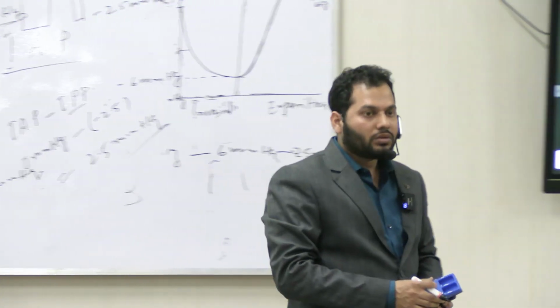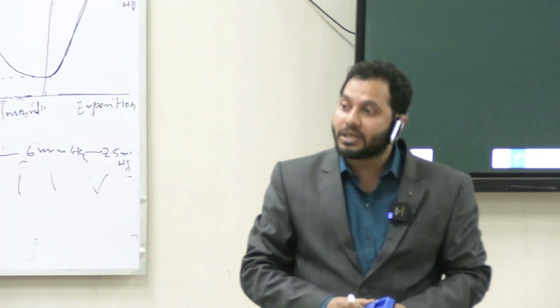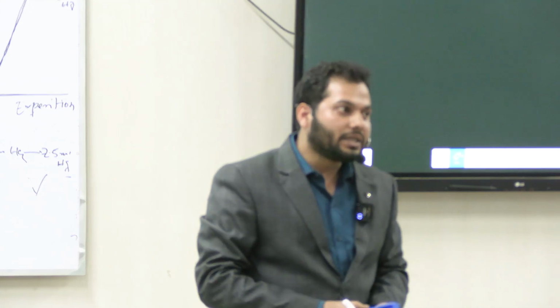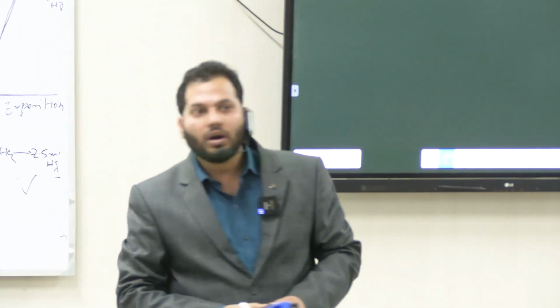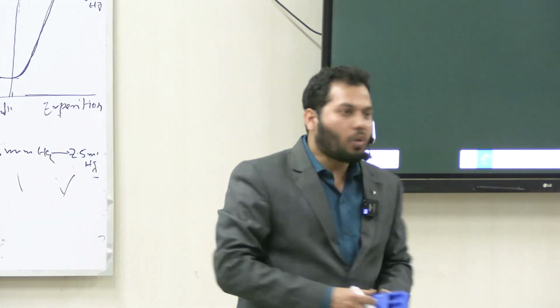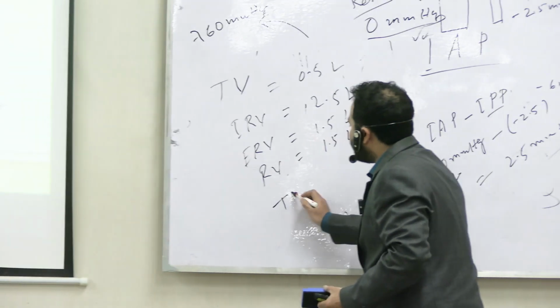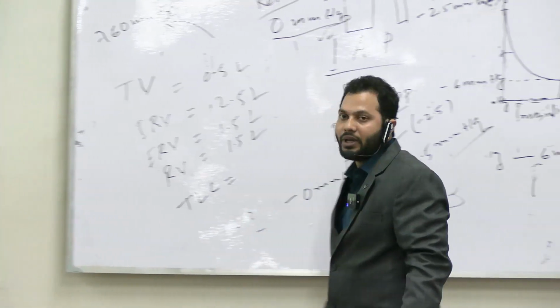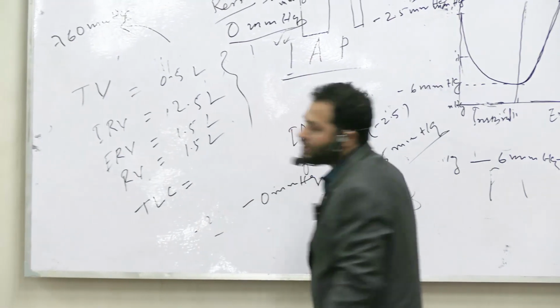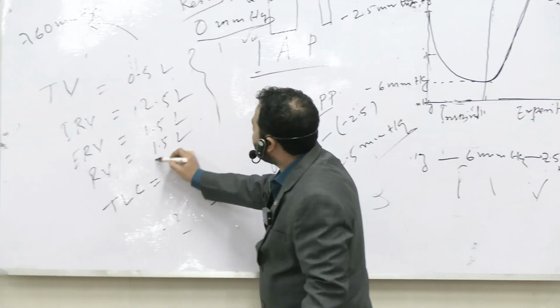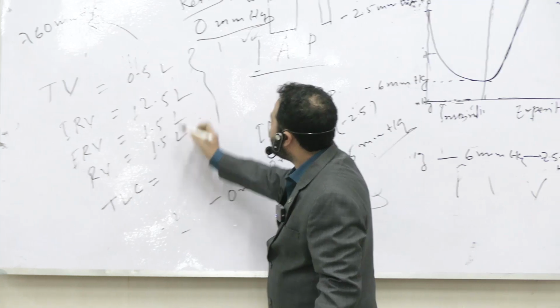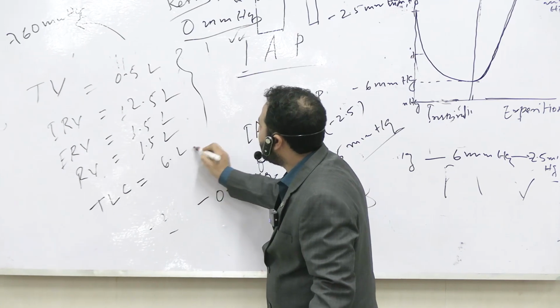So now, what is the lung capacity? Lung capacity is nothing but the sum total of all the volumes. So what is the maximum or total lung capacity here? It will be the sum total of all this, right? It is 1, 2, 3, around 6 liter.